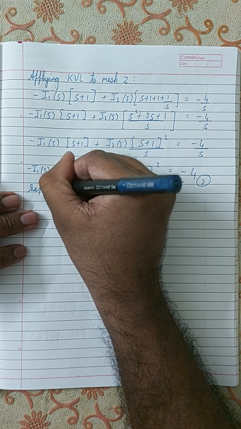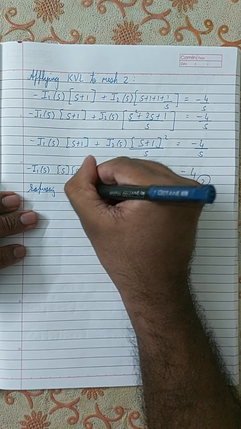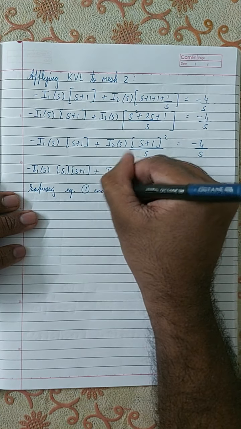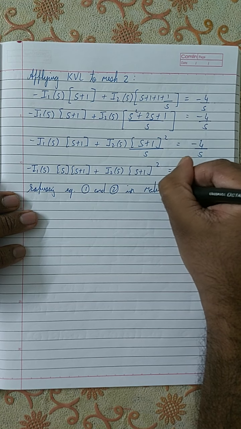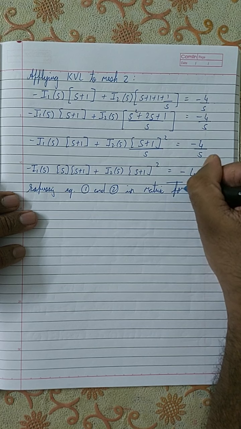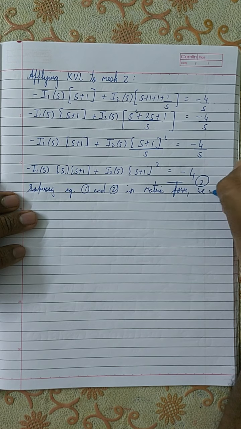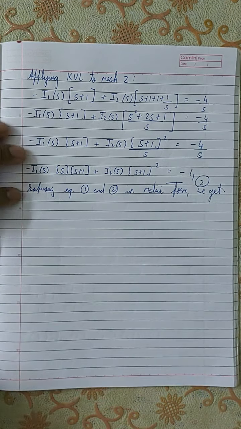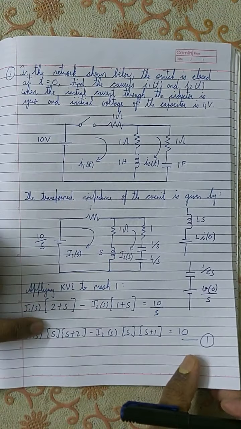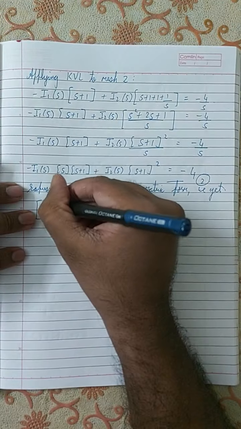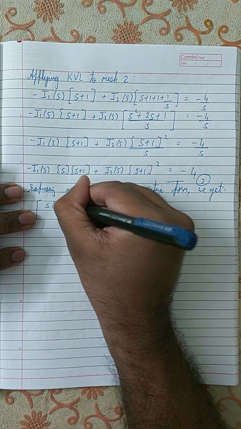Expressing equation 1 and 2 in matrix form, what will I get? Here you have s into s plus 2, s into s plus 2.